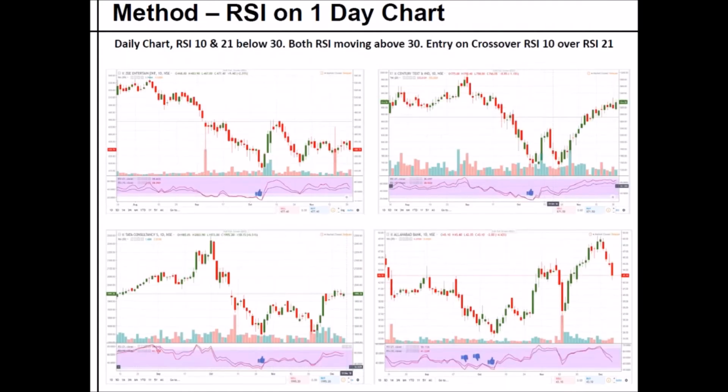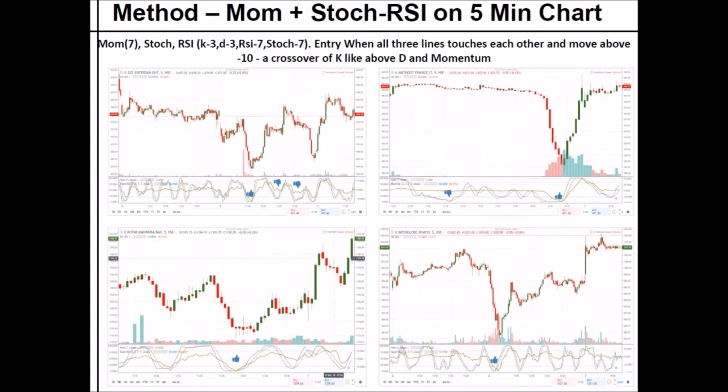Then we have RSI, short and long, two RSIs in one downward layer, and this will help you to find bottoms and to sell those tops. Then we have a combination of momentum, stochastic and RSI. It works really well and will help you judge the situation in oversold areas.